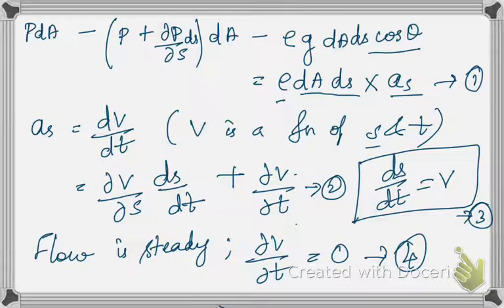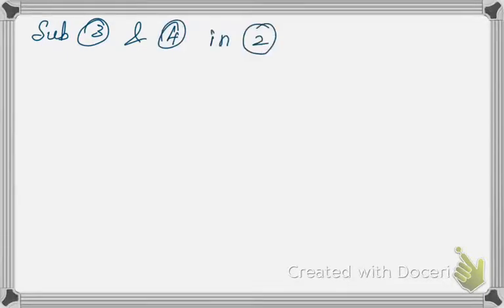In such a case, you can substitute 3 and 4 in 2. Then dou v by dou t will be equal to 0 and ds by dt will become v. So as will be equal to v dou v by dou s. We can keep this as equation 5.